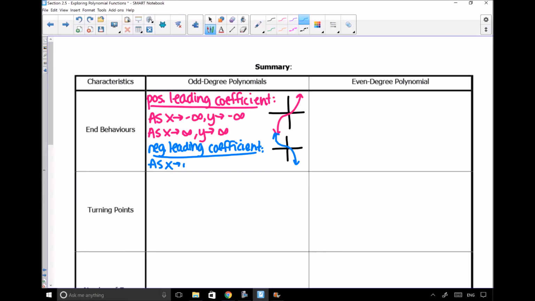So as x approaches negative infinity, this time y is going to be approaching positive infinity right here, as you can tell based on this graph, okay? And then as x approaches positive infinity, so as x is going in this direction, our y values are getting smaller and smaller. They're getting lower and lower. They're approaching negative infinity, okay?